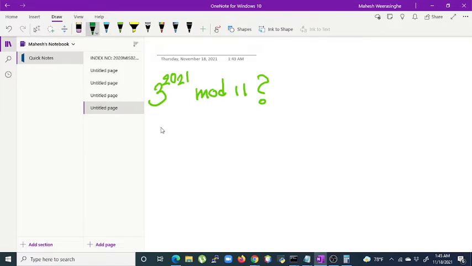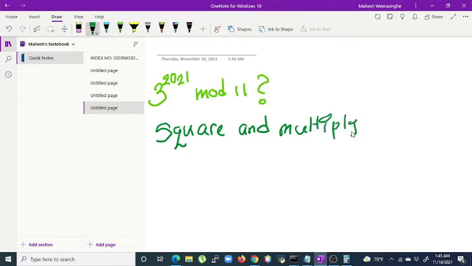The algorithm name is the square and multiply algorithm. Now I'm going to use this algorithm to solve this problem.